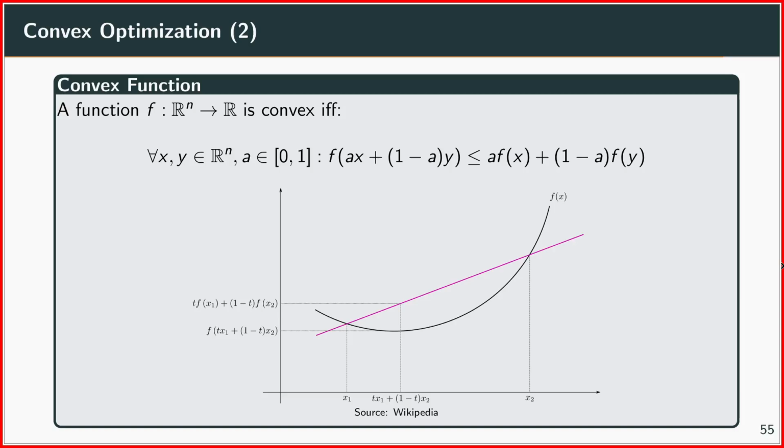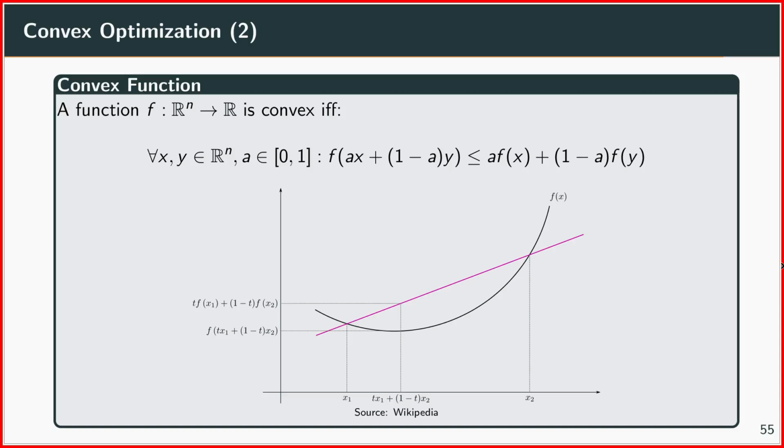And if this is true for every x and y, or x1 and x2, then this function is actually called convex. Mathematically, this is described as this inequality, where you have on the left side the evaluation of f on all the points between x and y, and on the right side you have the straight line between f of x and f of y.